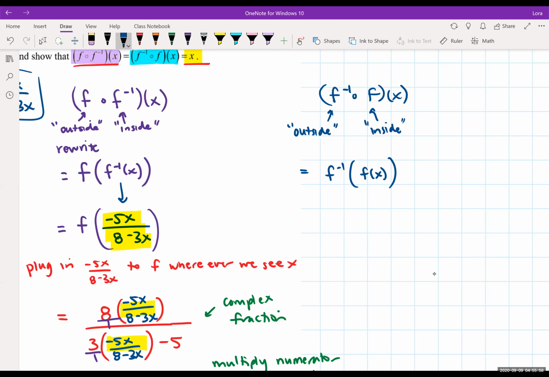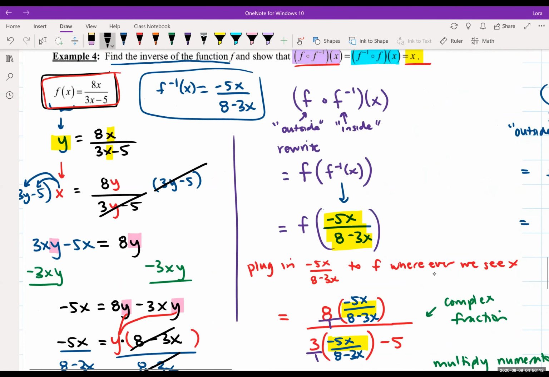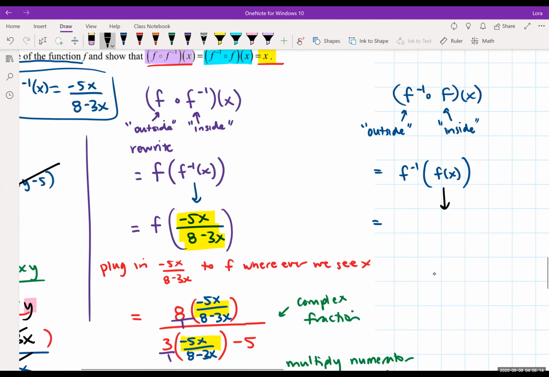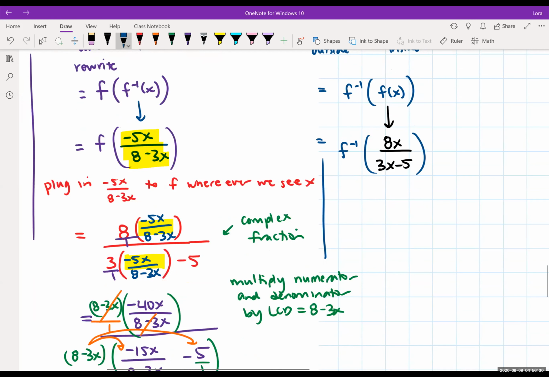We'll now take this notation and keep in mind that we're going to be replacing f of x with its formula. So I got to go back and look at it a little bit. That is 8x over 3x minus 5. Write that a little nicer. And what we'll be doing in terms of what we're trying to do, let me draw a line to separate our work.